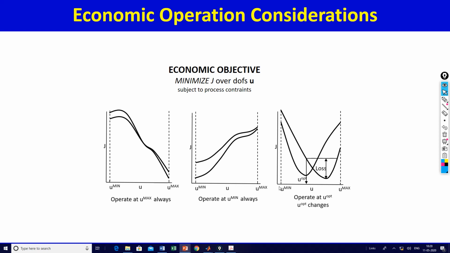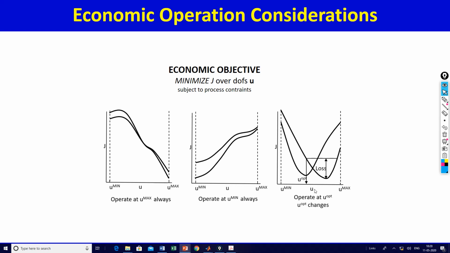With respect to this degree of freedom U2, the optimum is always at min. With respect to this degree of freedom U3, the optimum moves. So what is the optimal operating policy? Well, min and max are straightforward. Control, set this set point at max, set that set point at min, and leave it.